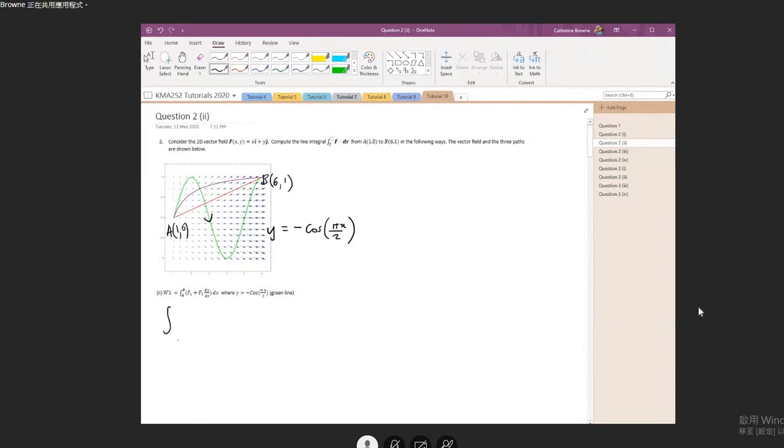So now we get, essentially we're going to do the same thing, except now we've got a different function for y as a function of x. I've just written the same thing.